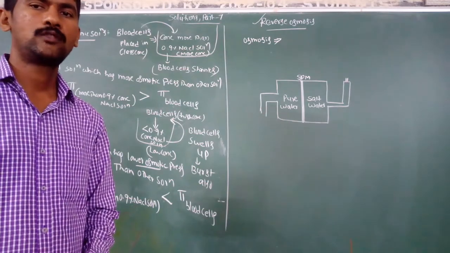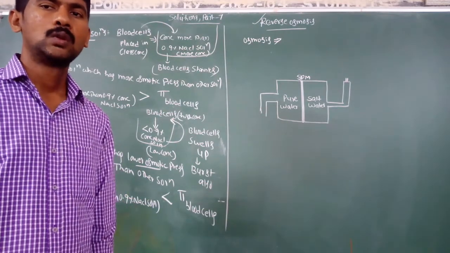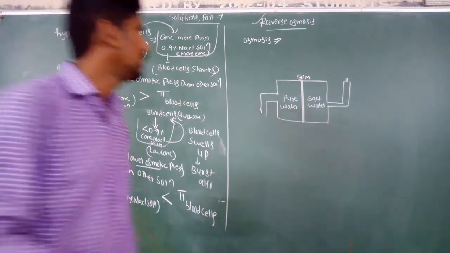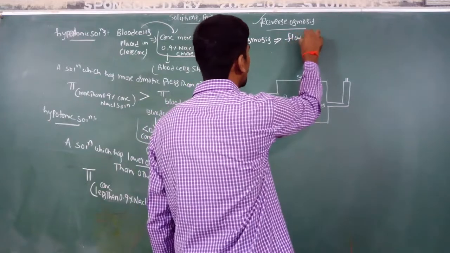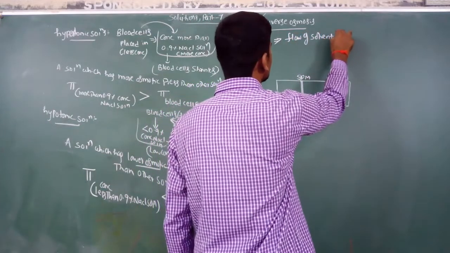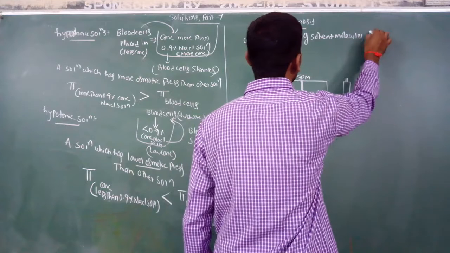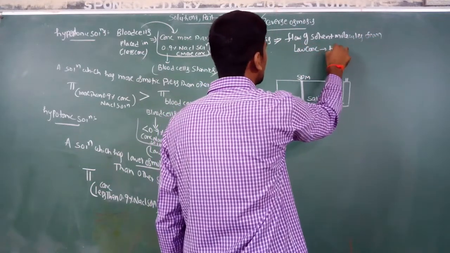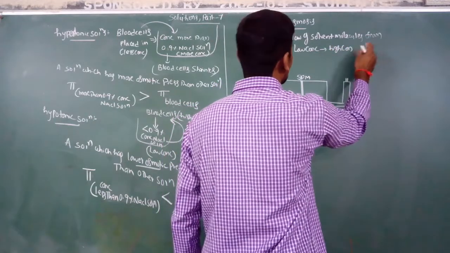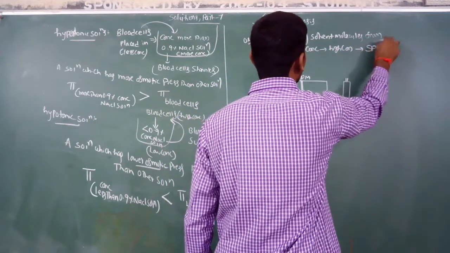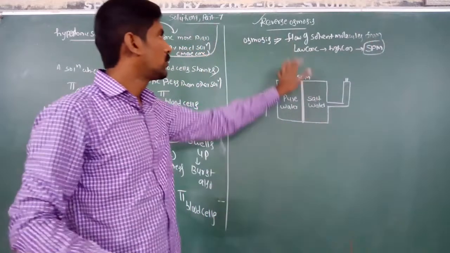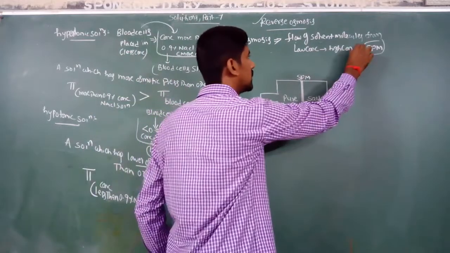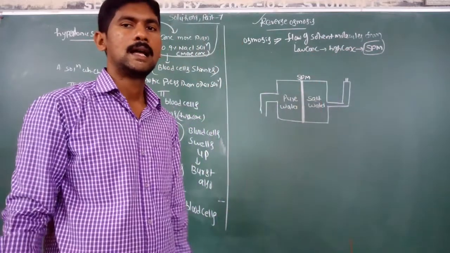Osmosis means flow of solvent molecules from low concentration to high concentration through a semi-permeable membrane. Flow of solvent molecules from low concentration to high concentration through a semi-permeable membrane is known as osmosis.